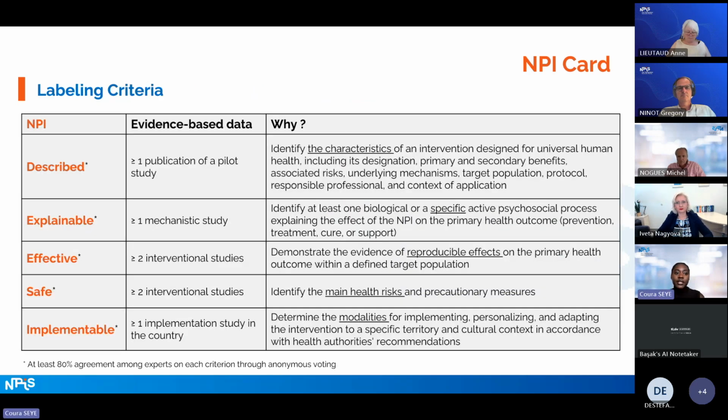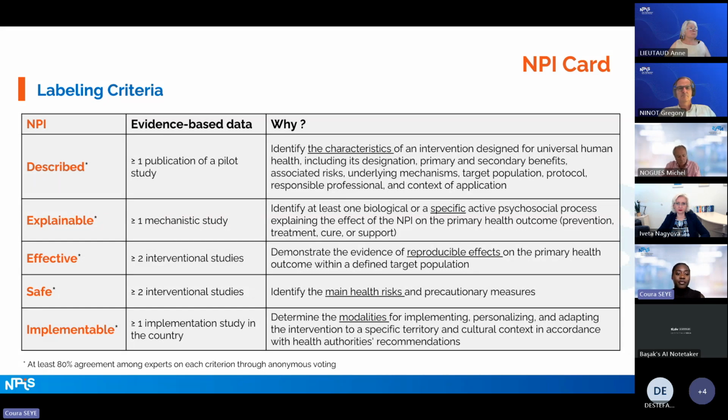As we said earlier, every NPI should be evidence-based. Therefore, there are labeling criteria to make sure of it. First, an NPI should be described with at least one publication of a pilot study to identify the characteristics of the intervention. It should be explainable with at least one mechanistic study to identify the specific process.